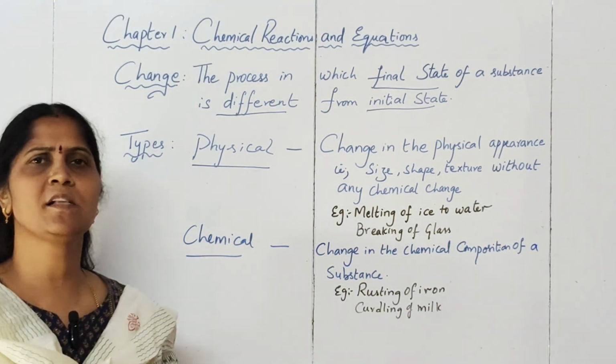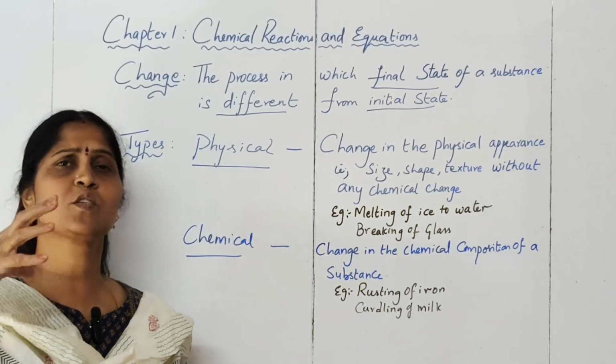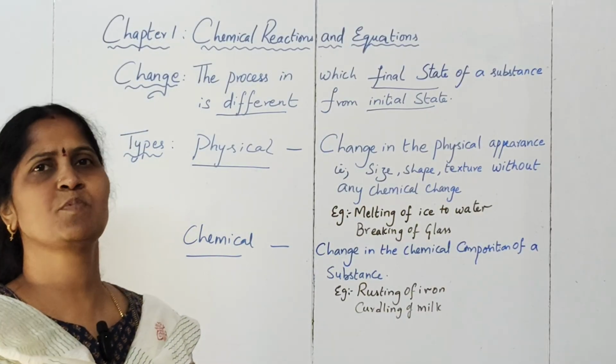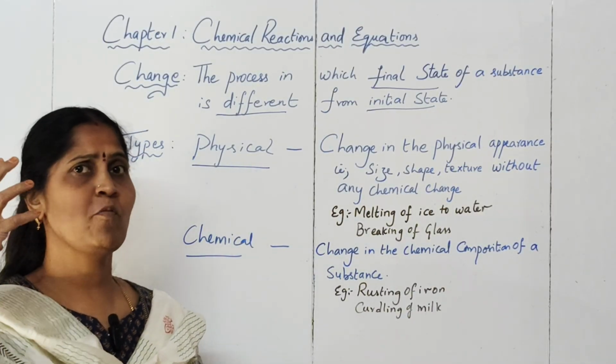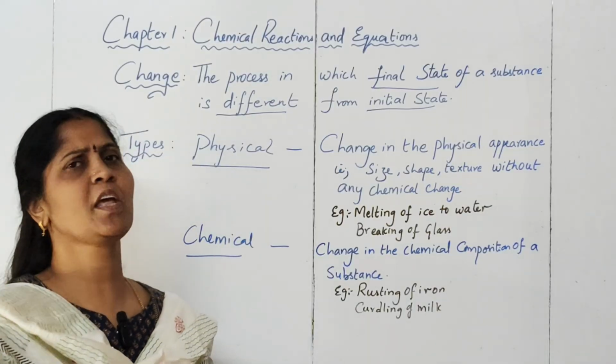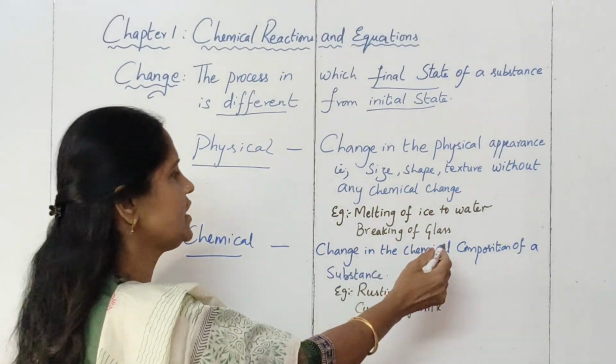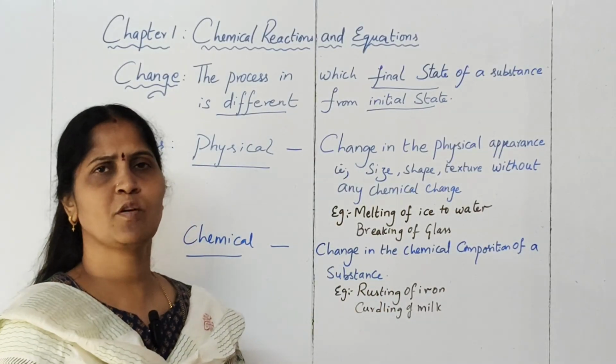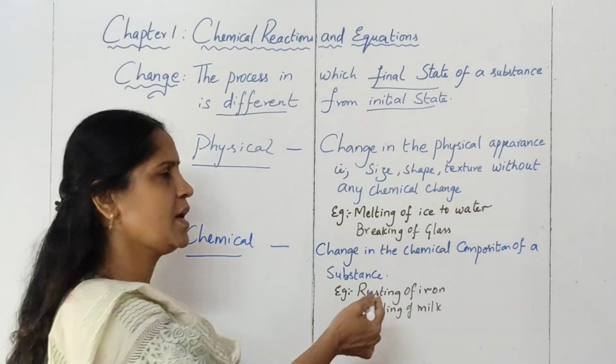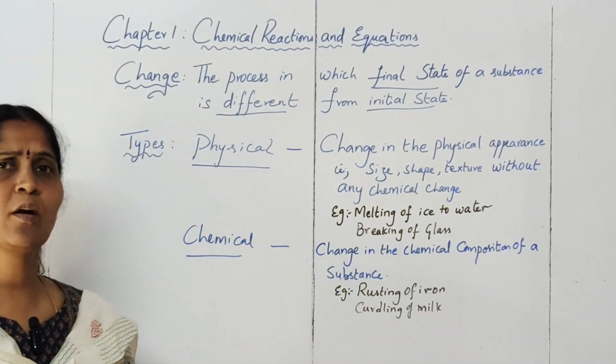Chemical changes always lead to formation of a new substance with different chemical properties compared to the previous substance. Change in the chemical composition of a substance is referred to as chemical change, and common examples are rusting of iron and curdling of milk.